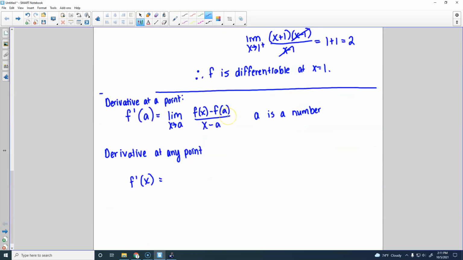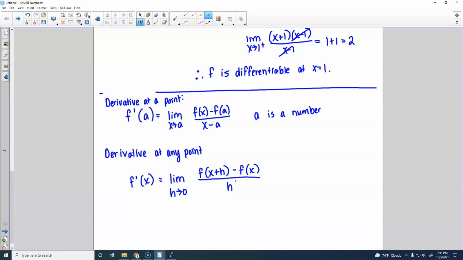But sometimes we need to know the derivative for any point, and that is when we're going to do the limit as h approaches 0 of f of x plus h minus f of x all over h. So how do you find a derivative at any point if the derivatives at certain points are different?